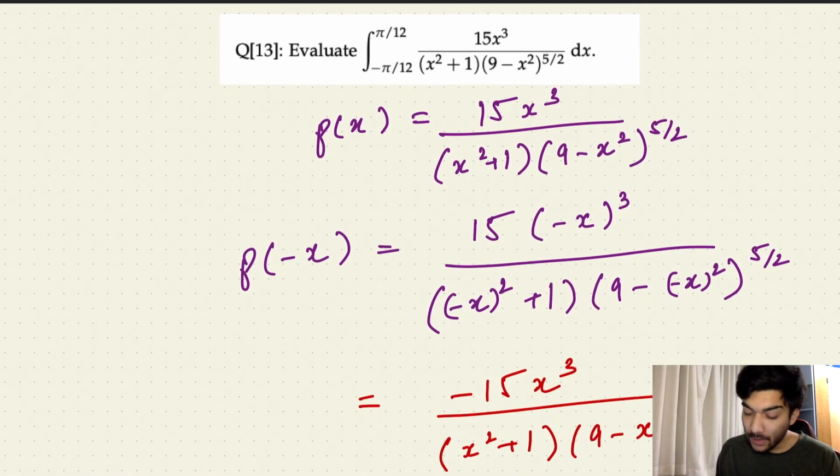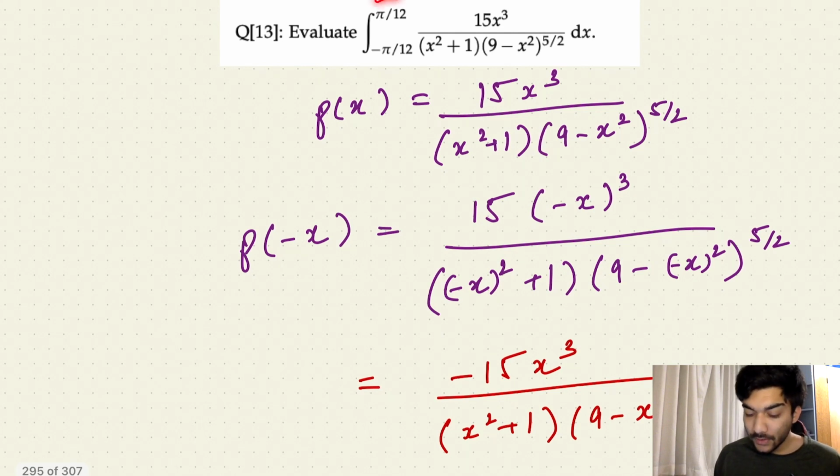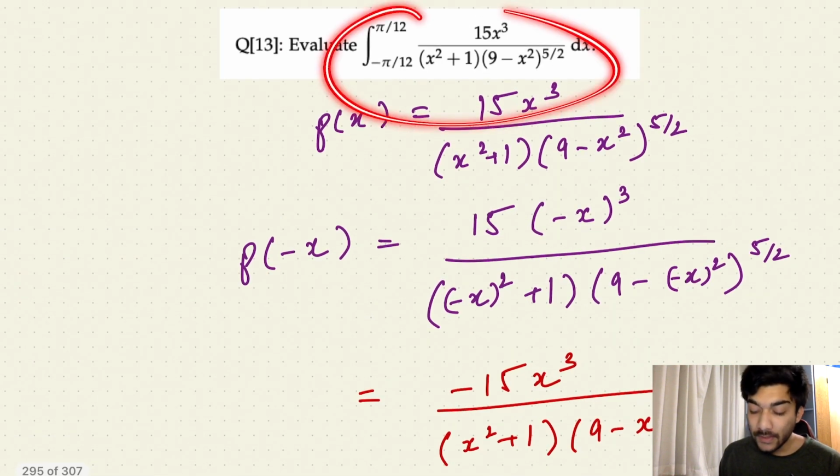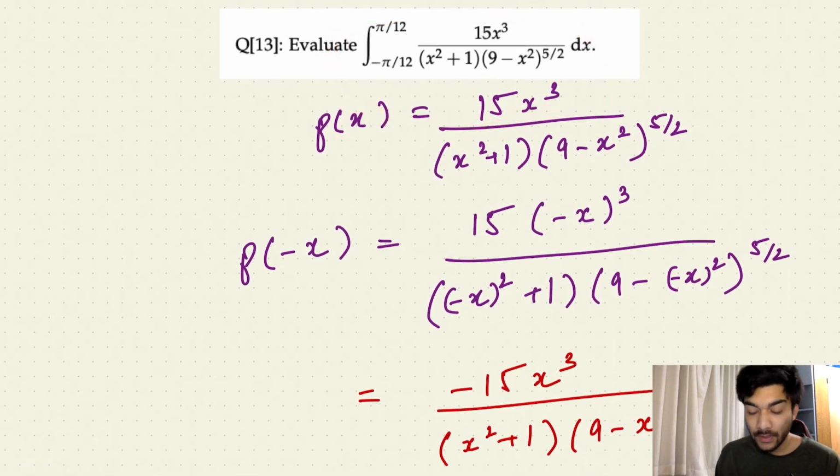So since this f(x) is an odd function and we are calculating the definite integral from minus a to a of an odd function, this integral will simply be equal to 0. So that is why, if you calculate the answer to this definite integral, you'll get 0 at the end.